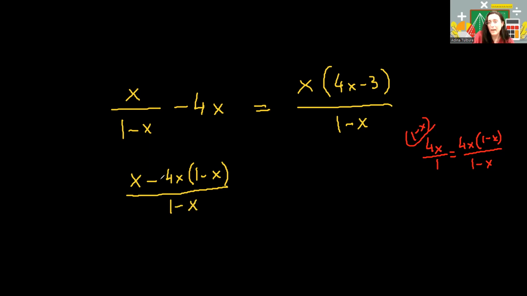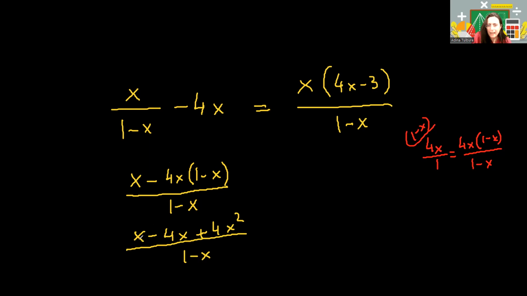If I expand the brackets now, I'm going to end up with x minus 4x times 1 is minus 4x, and then minus 4x times minus x is plus 4x squared. Everything over 1 minus x.